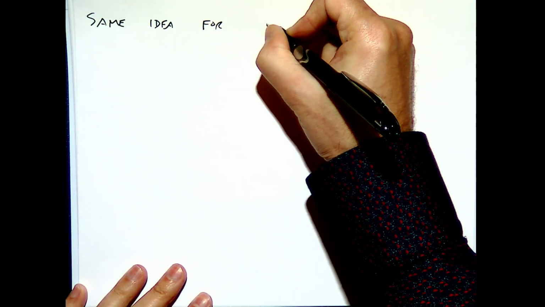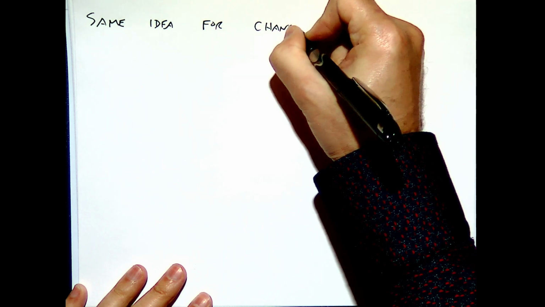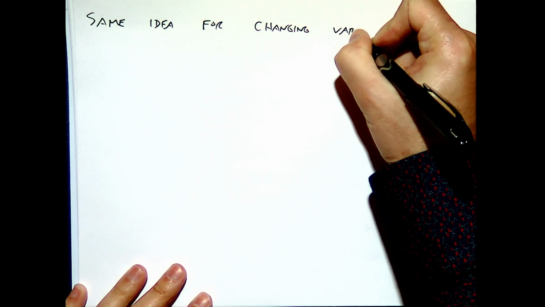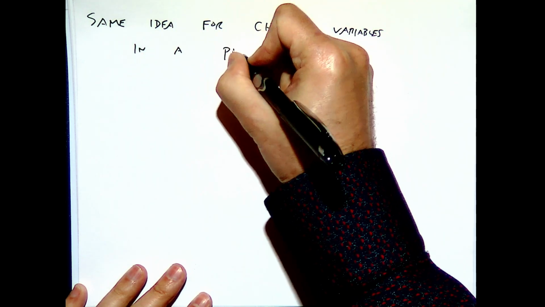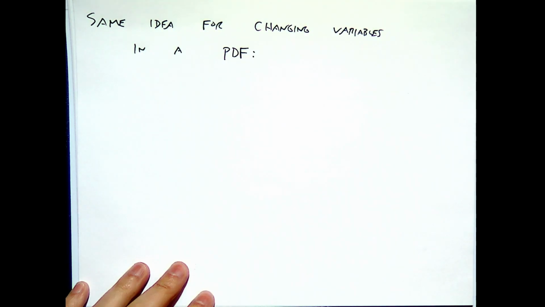So for example, same kind of idea for changing variables in a PDF, right? Suppose I had a density that was defined in x and y space, and I wanted to turn it into a PDF in r and theta space. I should be able to do that, but I have to do more than just use the formulas that go from r theta to xy. I also need to have this Jacobian, right?